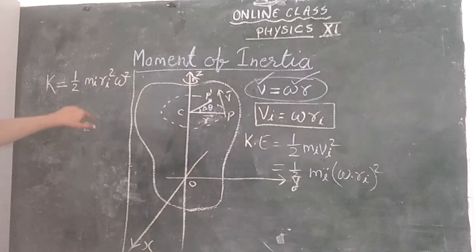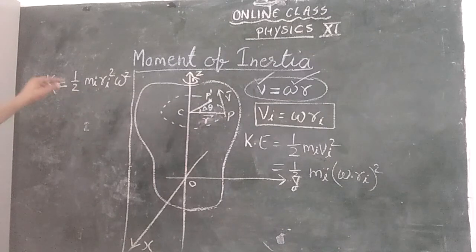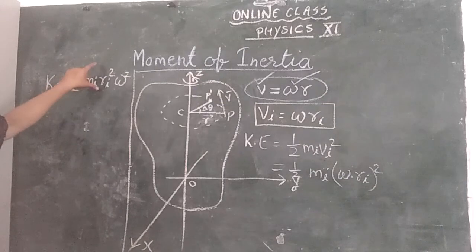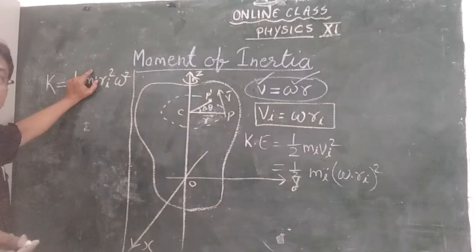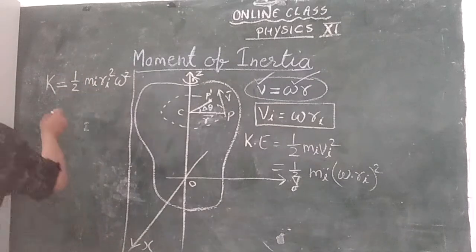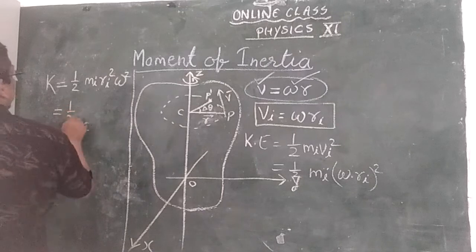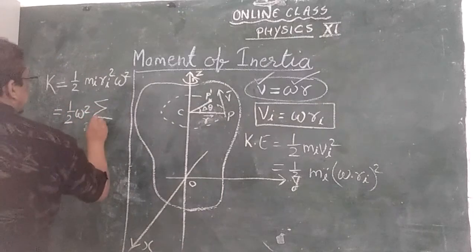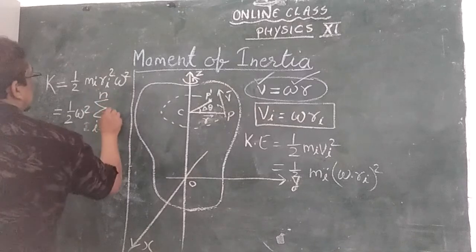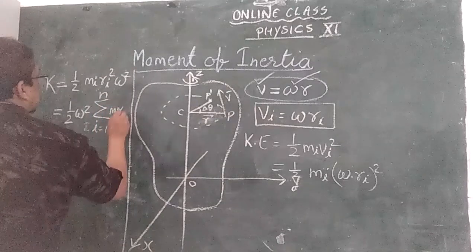And again we can arrange these things for the whole body. This is only for a particle, but when we are discussing the complete rigid body, then we have to take the summation of this one. So we can write half omega square out of sigma, and then we can write here i is equal to 1 to n mi ri square.